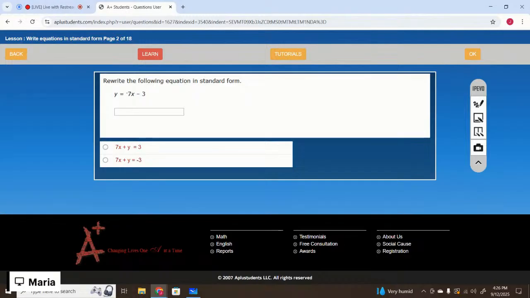Rewrite the following equation in standard form. y equals negative 7x minus 3. So let's just rewrite the equation.